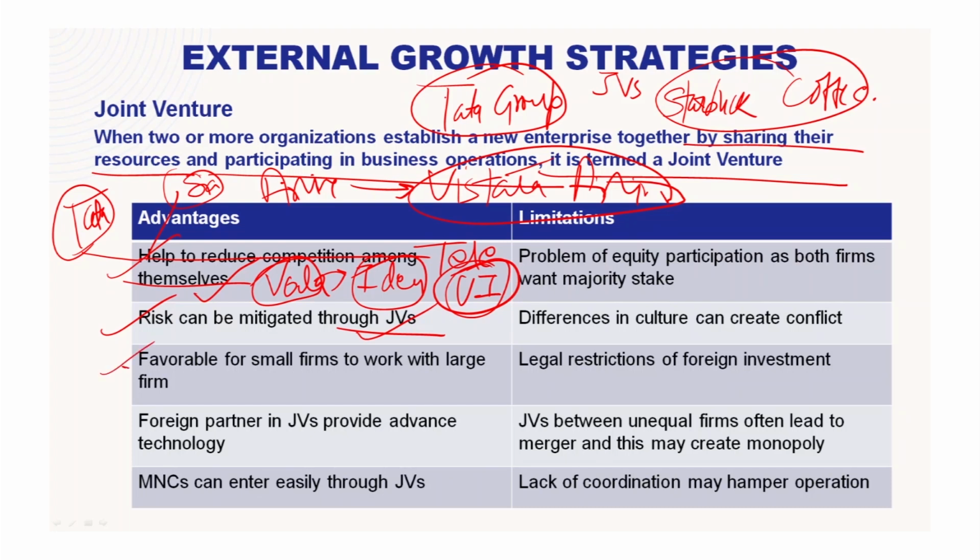The third one is that it is favorable for a small firm to work with a large firm. In some joint ventures, small emerging companies have done very well in a shorter period of time, but ultimately they face huge competition because of high cost from the big players.